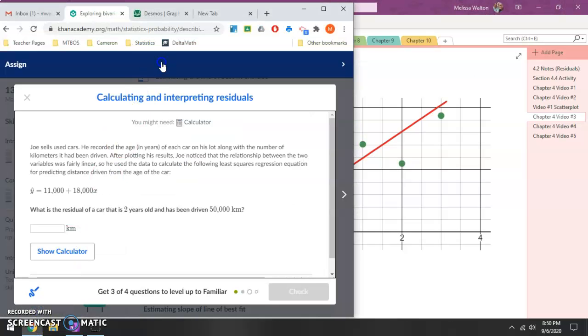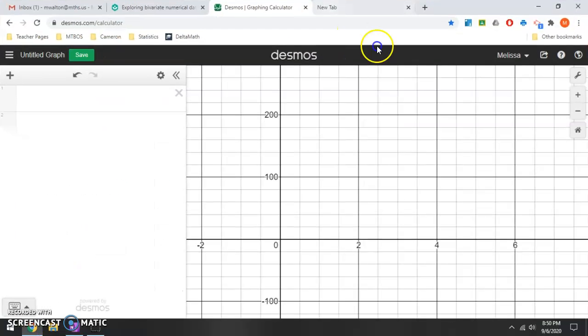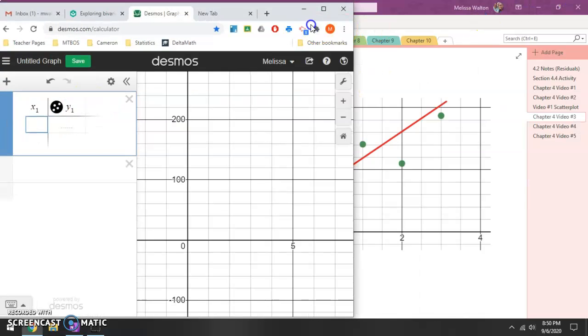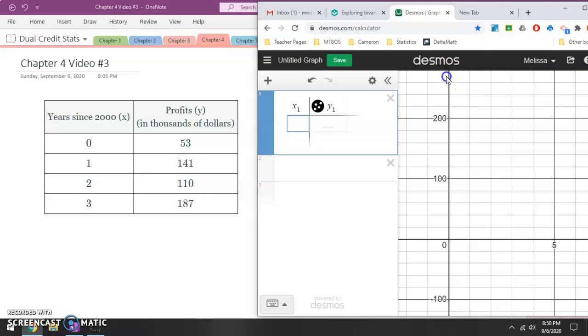So Desmos here. You will go to desmos.com/calculator. All right, and I encourage you to do that now and maybe try to follow along with this video. And what you're going to do is add an item. You are going to go ahead and add a table. And what you're going to do is type in the values that you have over here.